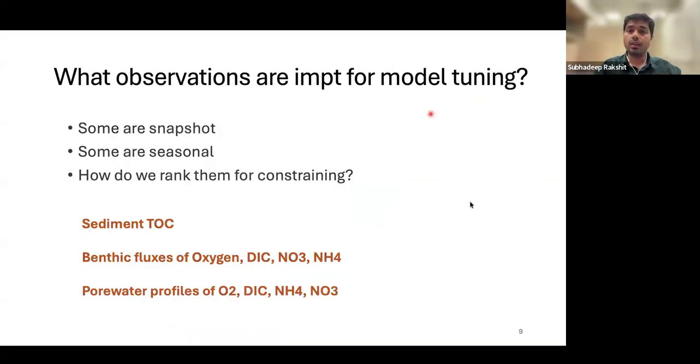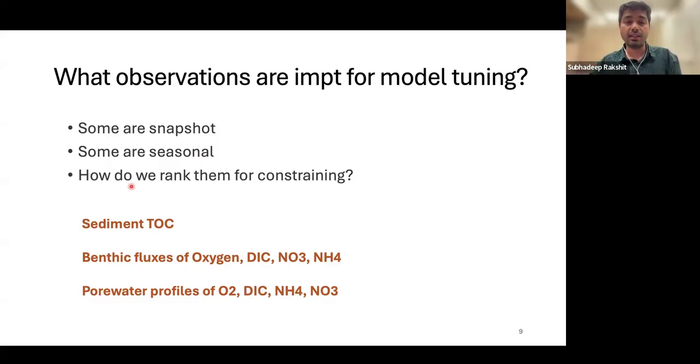Okay, so we had these sites, then what observations are important for model tuning? In some cases, the observational data can be a snapshot, basically one-time measurements. In some cases, we can have seasonal measurements, let's say for 1 year or 2 years, for example, benthic fluxes and other data that can have a seasonal cycle.